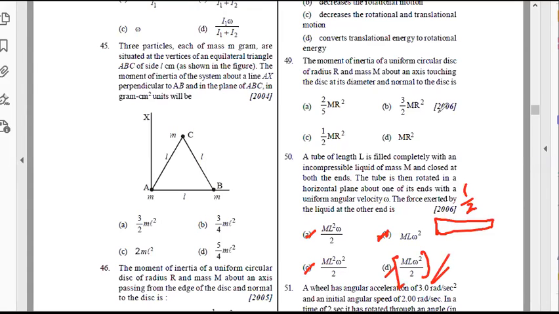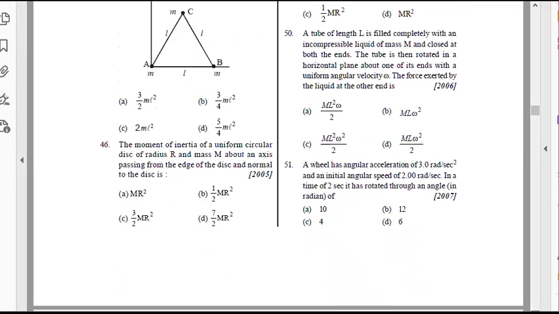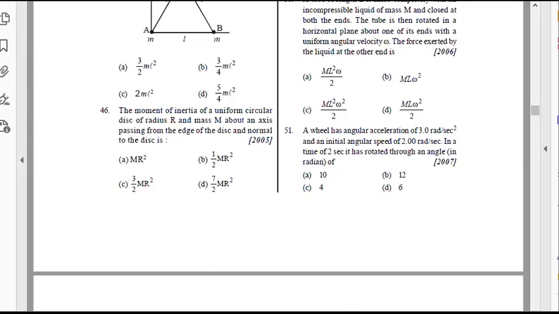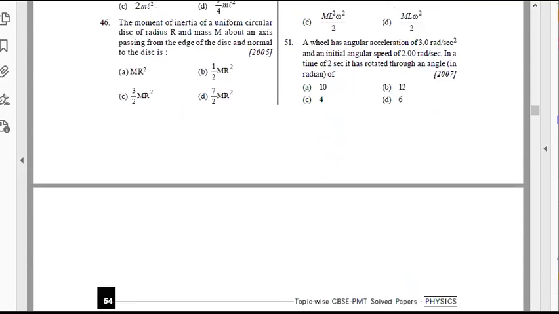So the answer would be D. Got it? We had already found the tension in fluids. Now 51 is basic, 51 is easy.